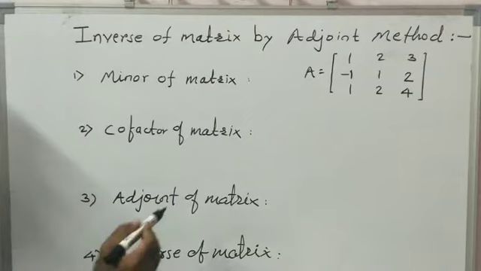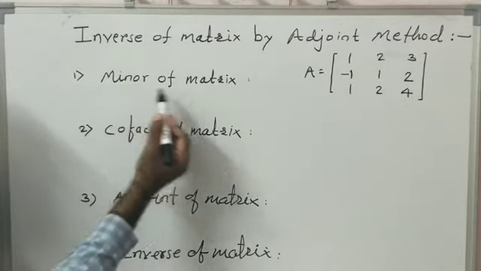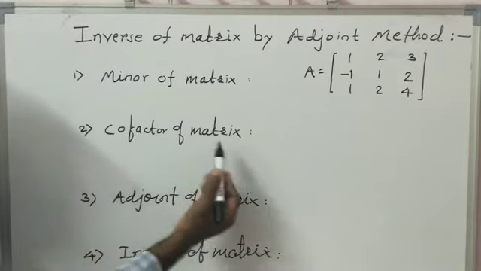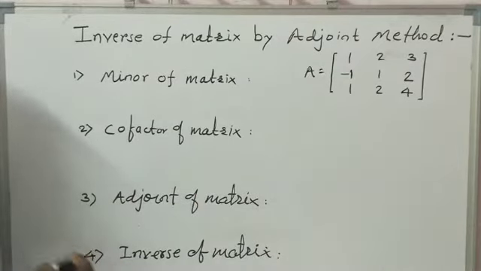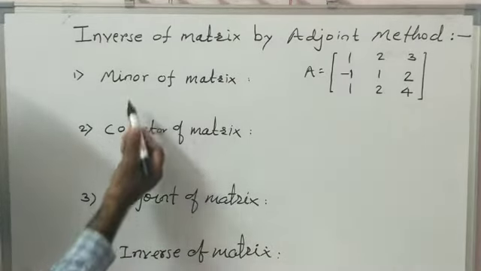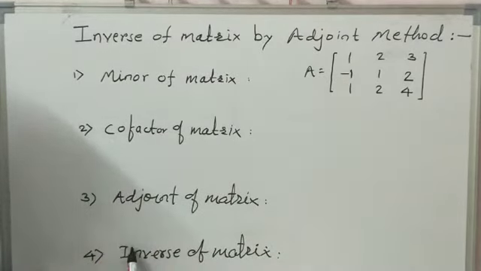For this, we must know the minor of a matrix, then the cofactor of a matrix, then the adjoint of a matrix. And after finding all these three, lastly we can find the inverse of a matrix. Let's first learn and then we solve one example.